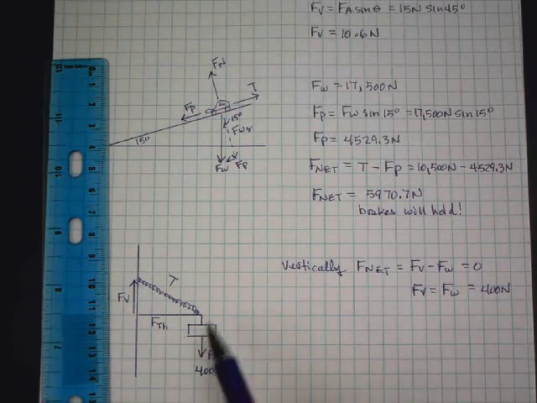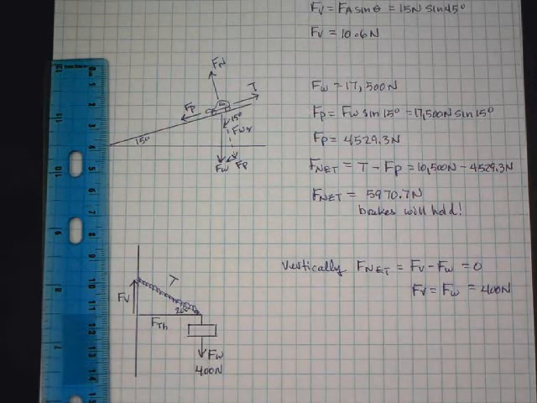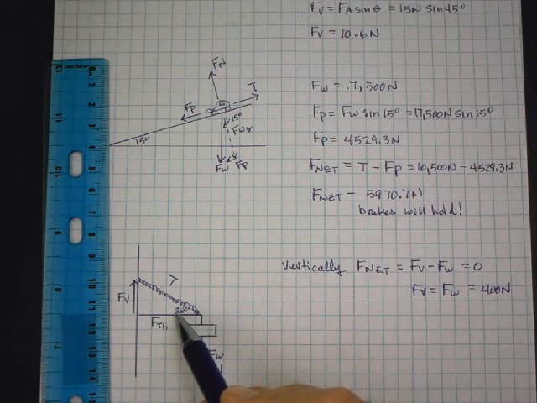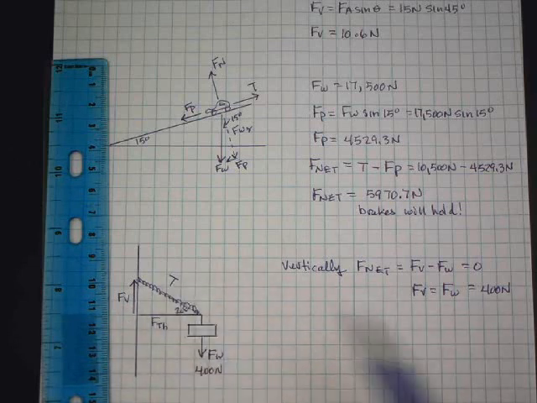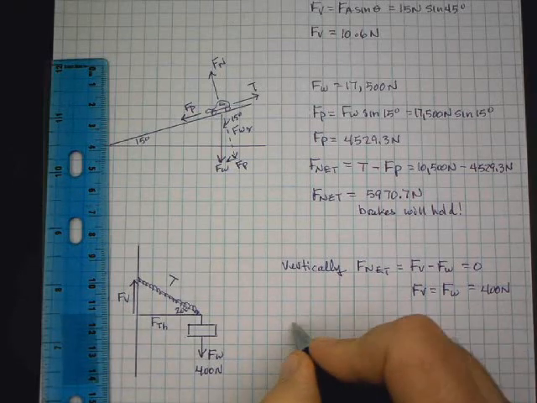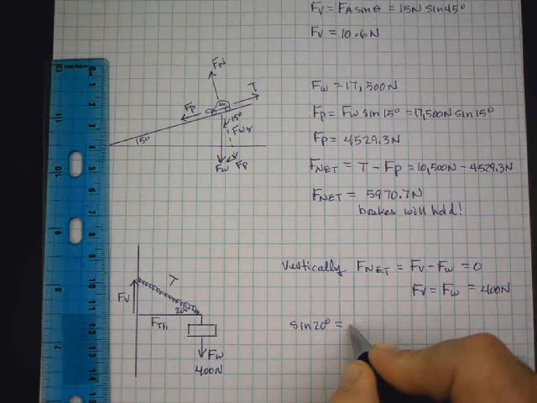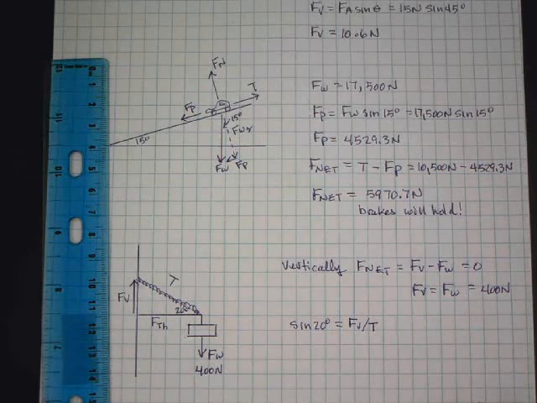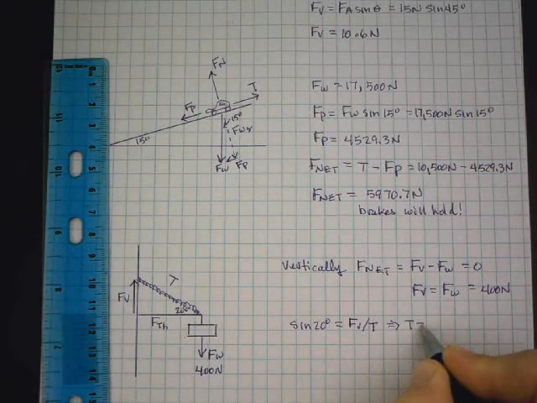Now, considering the geometry, here's our 20 degrees, by the way. Considering our geometry, for this angle, FV is on the opposite side over the hypotenuse, which is sine, which then we can rearrange to solve for T.